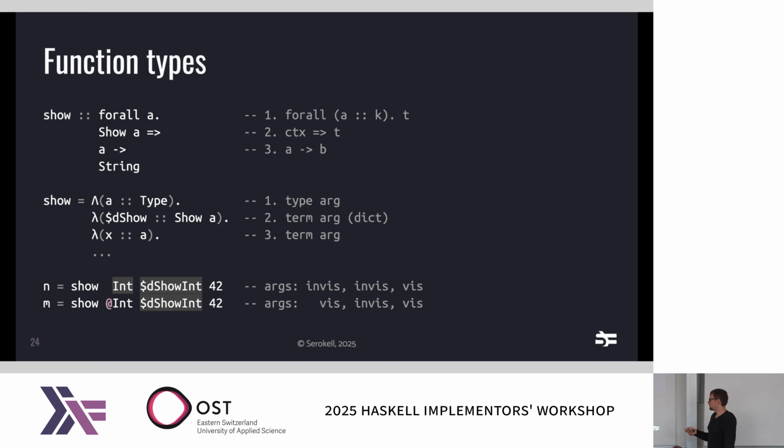And then when we are calling those a function, all of those 3 parameters will be supplied, always. Whether by you or by GHC, they will be supplied. So when we call show normally, you can see I've colored Int and dShowInt with a slightly different background, meaning that you don't actually write those. This is what GHC inserted for you.